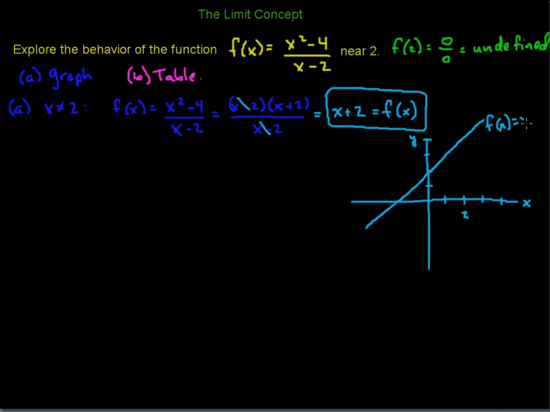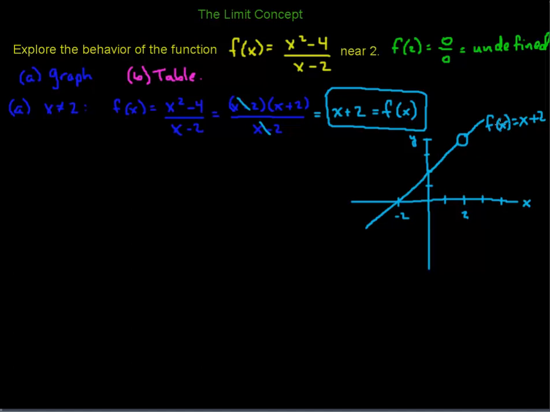So this is f of x equals x plus 2. Now, we have this little issue that at x equals 2, it's undefined. So let's knock a little hole in the graph right there. Usually we represent that with an open circle to say the graph is not defined right at this spot. But everywhere else it's okay. It follows this linear pattern. Okay, so this is our graph of f of x.